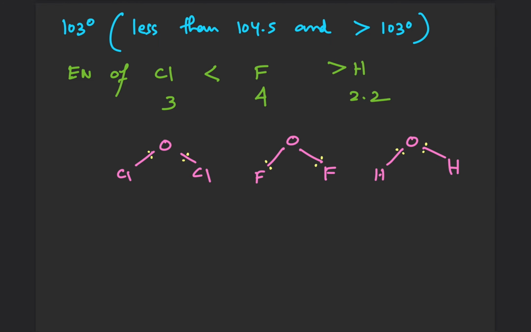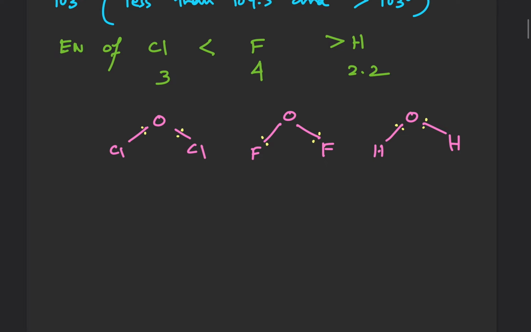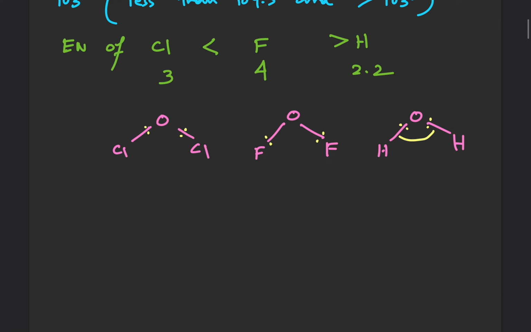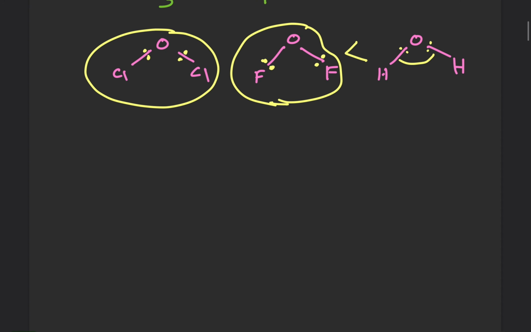So we expect the maximum bond angle in H2O, with maximum repulsions. Then we expect the next largest angle here because the electrons are somewhere midway, and we expect the least angle here because they are extremely towards fluorine, so there will be the least repulsions. So the expected order should be F2O less than Cl2O less than H2O.